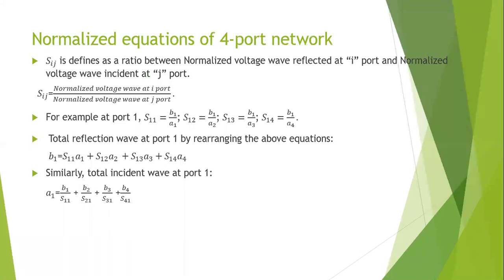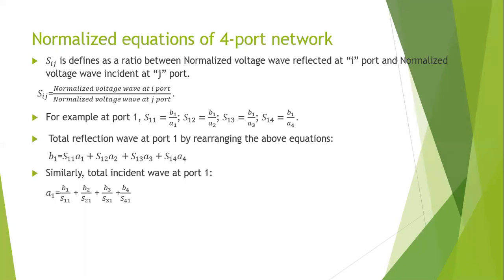Normalized equations of the four-port network. To understand these S parameters, there are a few equations that we can analyze. Sij is defined as the ratio between the normalized voltage wave reflected at port i and the normalized voltage wave incident at port j.